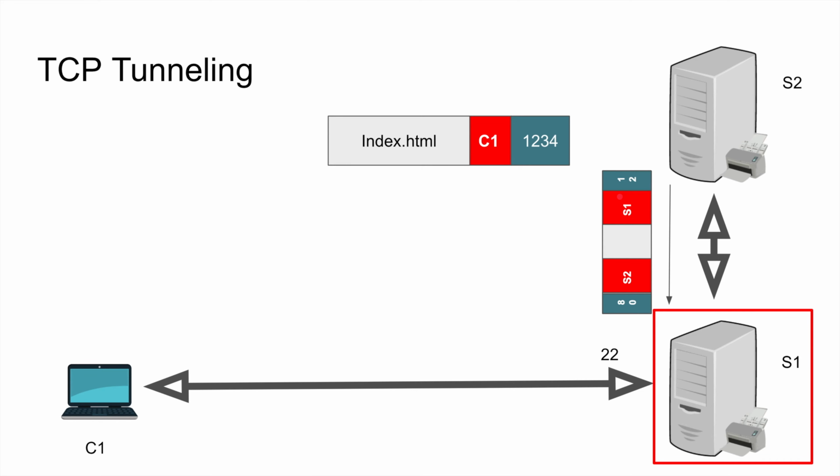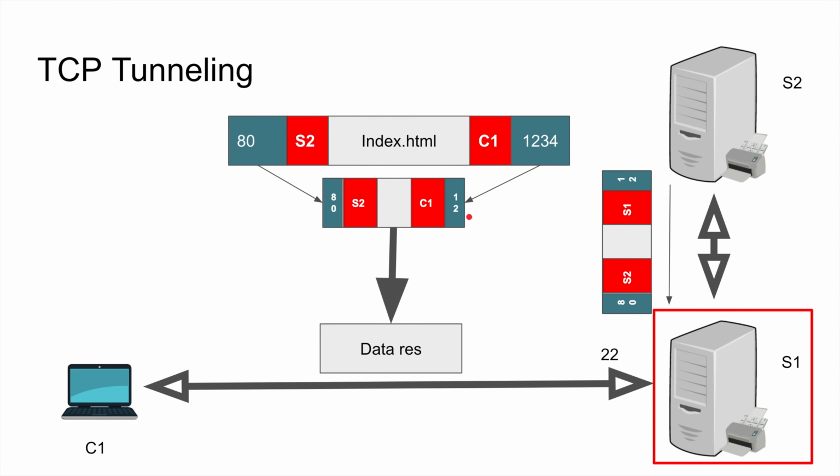Now we really need to send it back to C1, right? So change it to C1, remember the port, 1234, and this is coming from S2. You have to put S2 there, because the client actually requested S2, as the from IP and port.